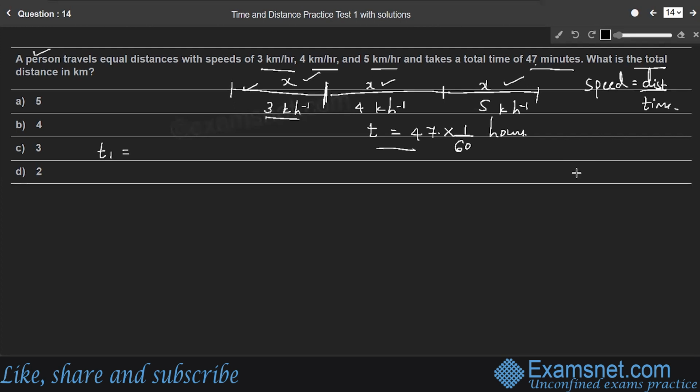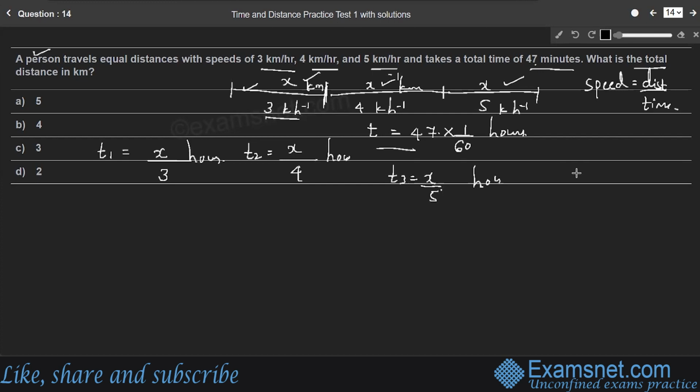So here in the first part of the journey, distance is x kilometers and the speed is 3 km per hour, whereas T2 is again the same distance traveled in the second part, x kilometer by 4, whereas T3 is x by 5 in terms of hours. So T1 is x by 3 hours, T2 is x by 4 hours.